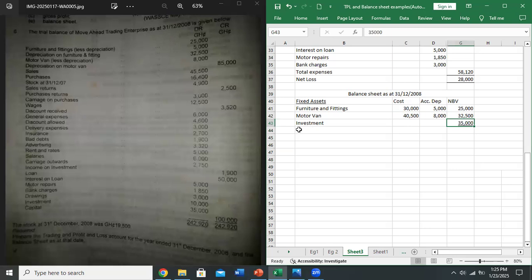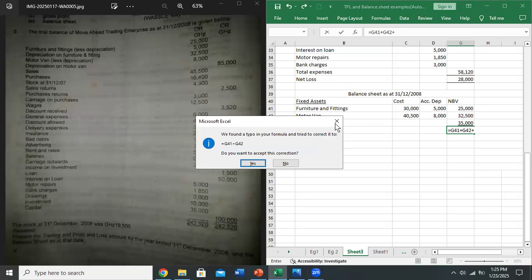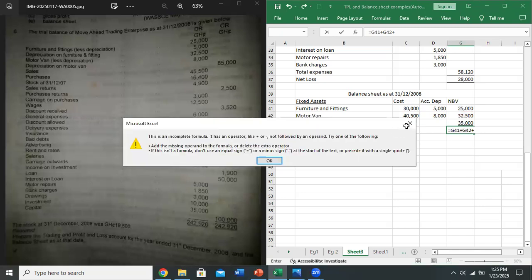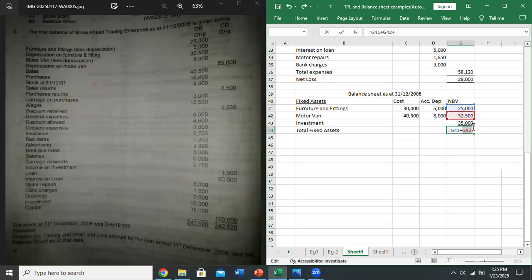So let's get our total fixed assets. Total fixed assets will be this plus this. Okay, so there we have it. Then we go on to the current assets.